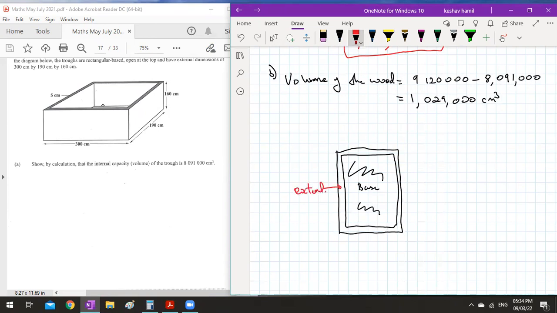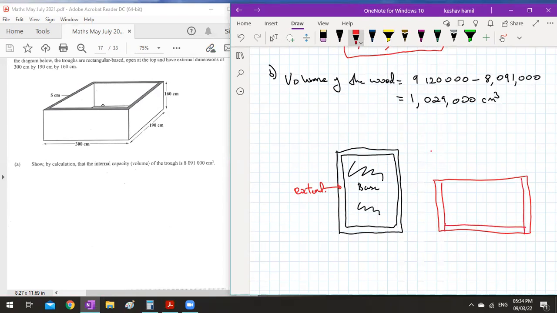Now, if you were to watch a side view of this, you would see that it's supposed to look something like this, depending on how they put it together.